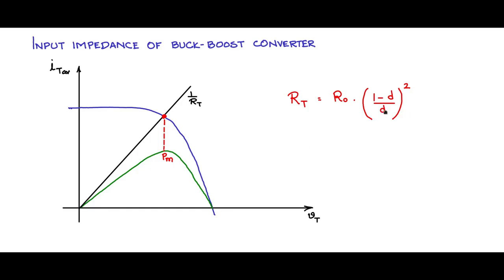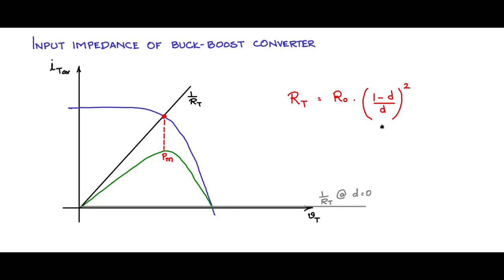When d is equal to 0, whatever may be the value of R naught, this works out to be infinity. So RT will be infinity, which means that it presents an open circuit to the PV panel. So the load line, the virtual effective load line, is along the x-axis. So let us draw that. So here you have 1 by RT at d is equal to 0.